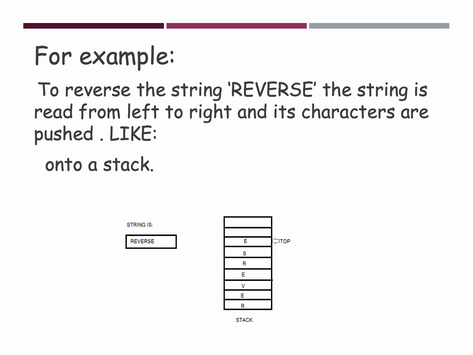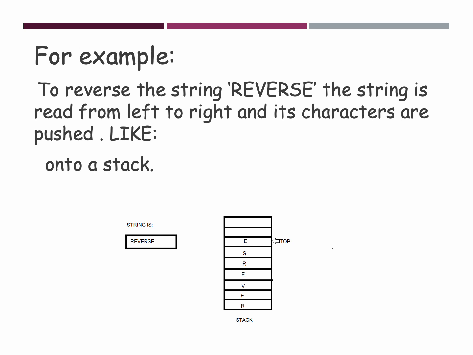So here we'll see a step-by-step explanation of reversing an example string. First, we read the string. The string REVERSE is read from left to right. Step 2, pushing characters onto the stack. As each character is read, it is pushed onto the stack.